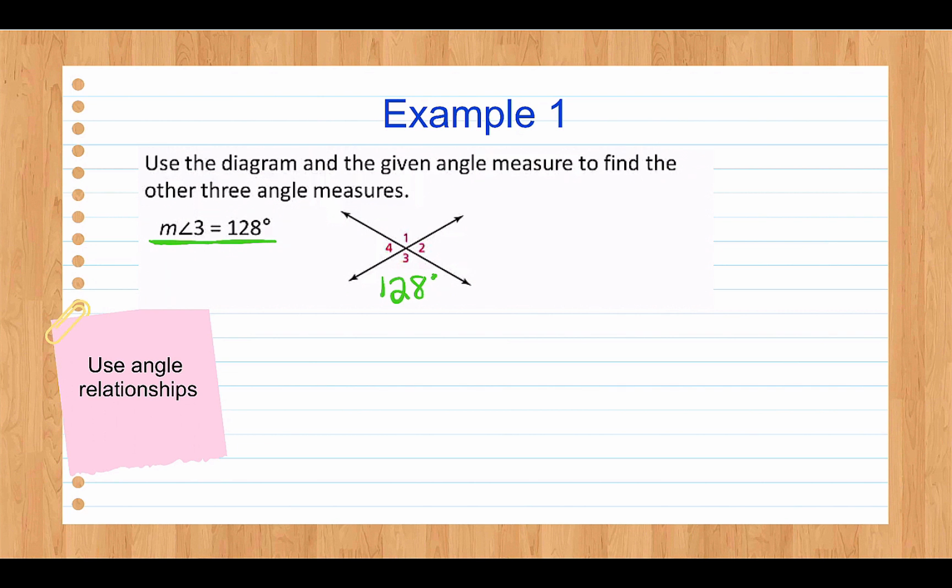So I can find all three other angles: the measure of angle 1, the measure of angle 2, and the measure of angle 4.